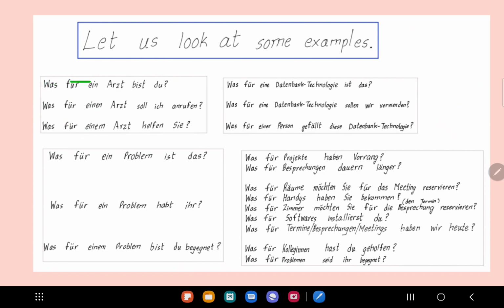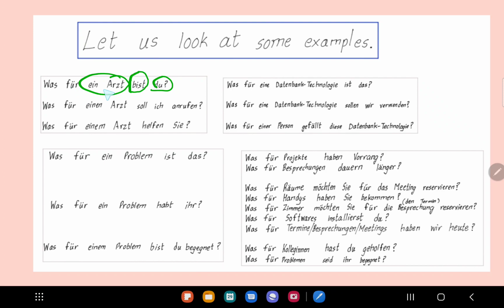So you saw was für ein Arzt bist du, was für einen Arzt soll ich anrufen, was für einem Arzt helfen Sie. If you have been paying attention, you would see that here you are using the verb sein. Sein conjugated for du is bist. Whenever you have sein, the subject and the object are both nominative.